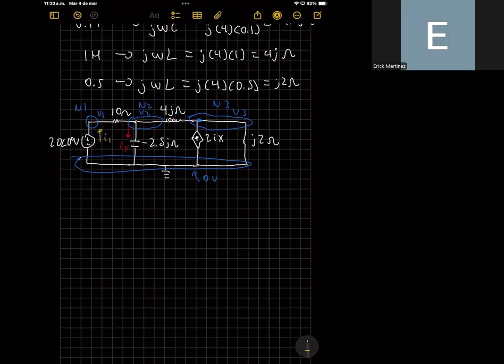This current I1 is going from the negative to the positive terminal of the voltage source, and then it goes to the 10 ohm resistor. But we have here different branches, because there is a branch where the capacitor is connected, and also another branch where the inductor is connected. So this current will be split.